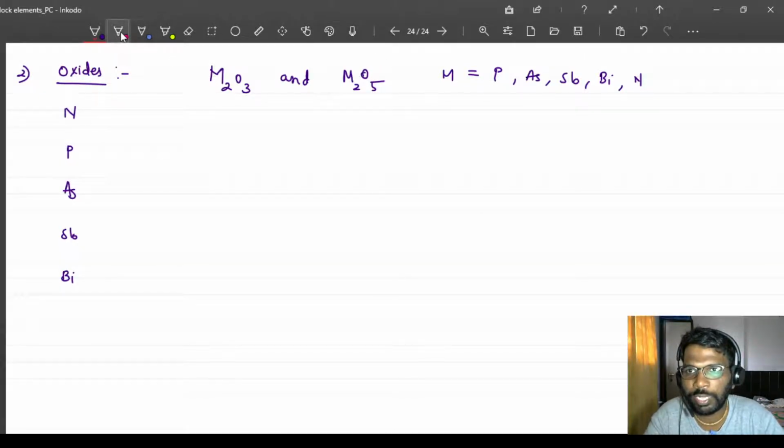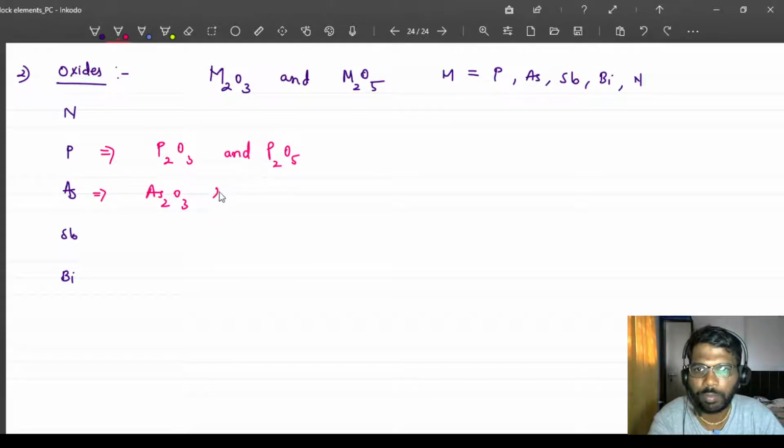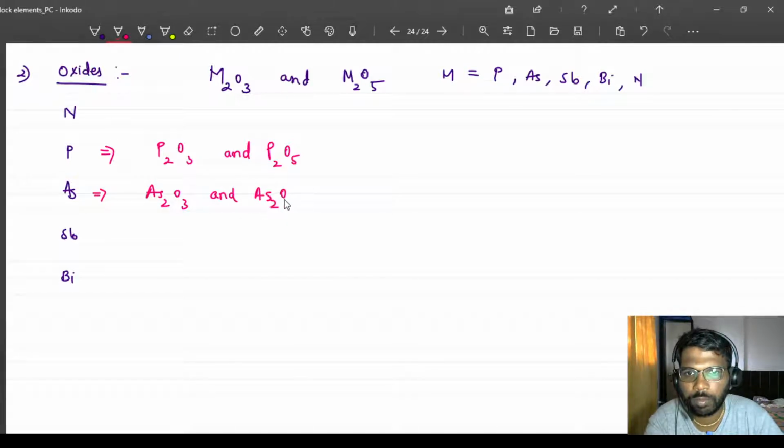Means if the oxide of phosphorus is being formed, then it will be P2O3 and P2O5. So this is the way you can remember the oxides general formula: M2O3 and M2O5.